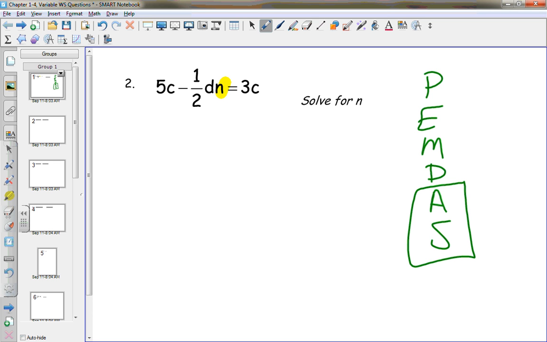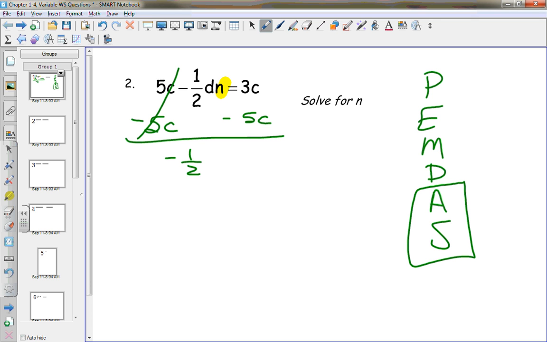So what's the first thing that we need to do? We need to get rid of all the things that are attached to the letter N by addition or subtraction. So what's attached to the letter N? 5C is what's attached by addition or subtraction. So how do I get rid of positive 5C? Subtract 5C from both sides.